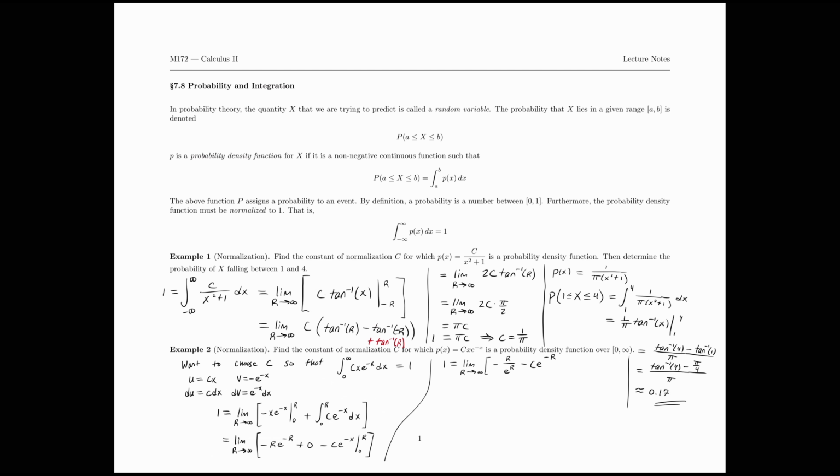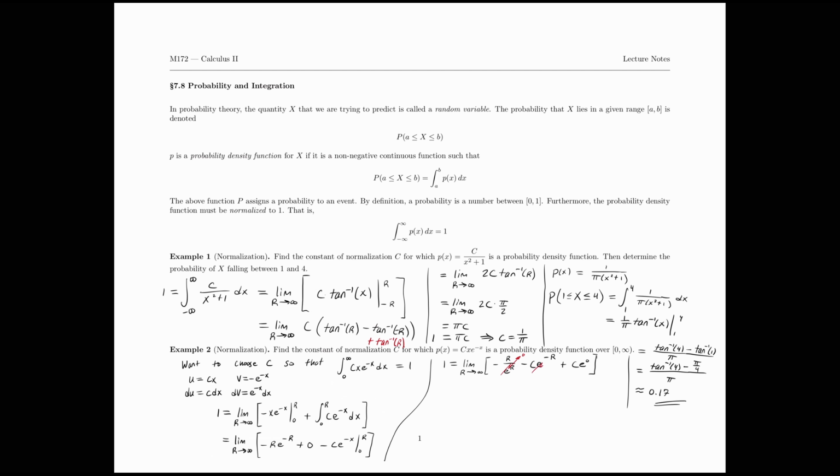Minus minus, so plus c e to the 0. Of course, in the limit, this term is 0. If you're not sure about that, because this technically is form infinity over infinity, you can use L'Hopital's rule on this, and you'll get 1 over e to the r, and then that goes to 0.